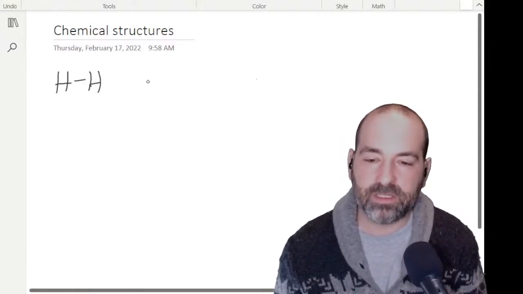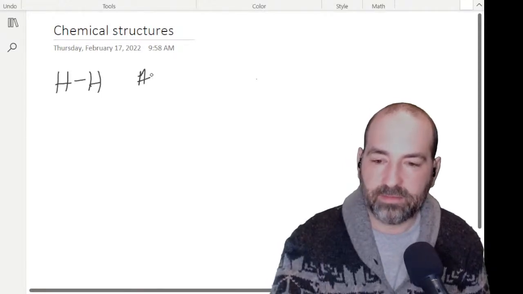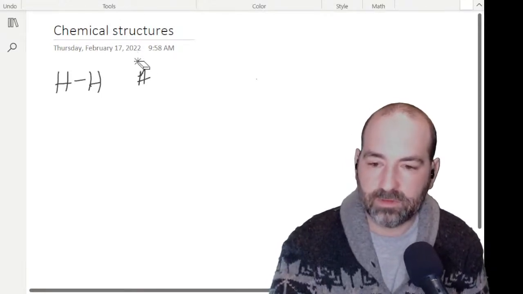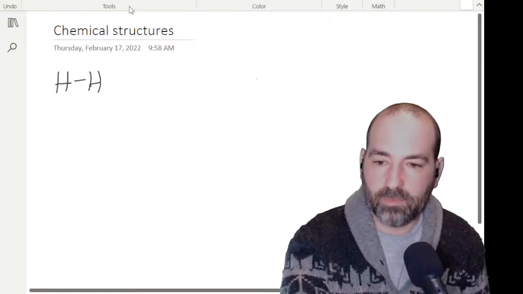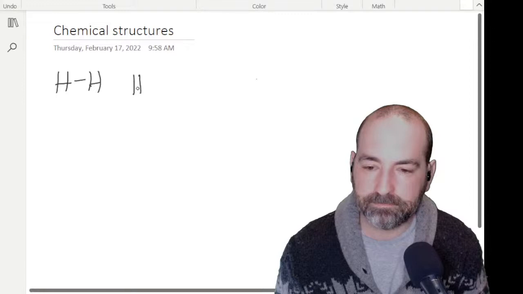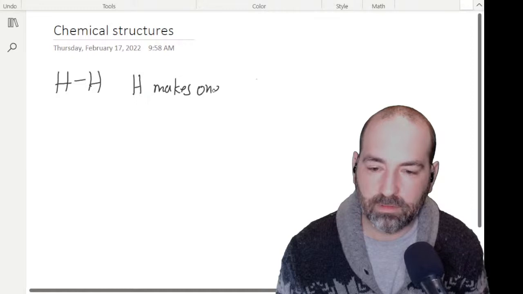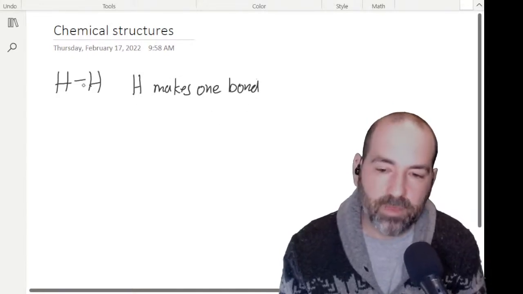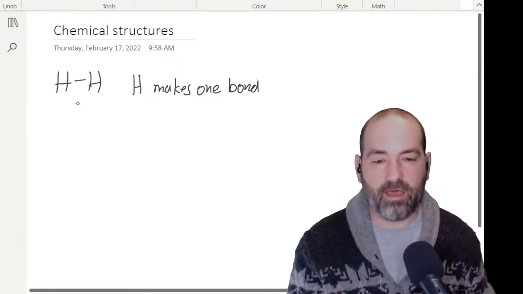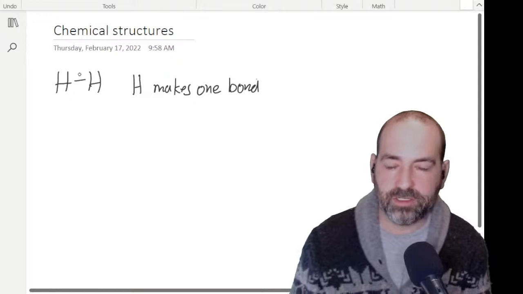But we're going to see, for instance, that hydrogen generally only makes one bond. So when we see hydrogen, we're going to say generally that it makes one bond. So when it's in structures with other elements, we're just going to make sure there's one line coming from each hydrogen atom.